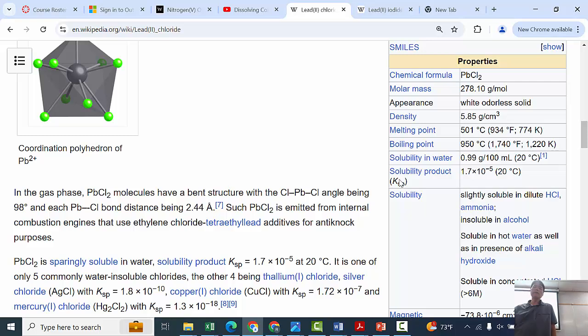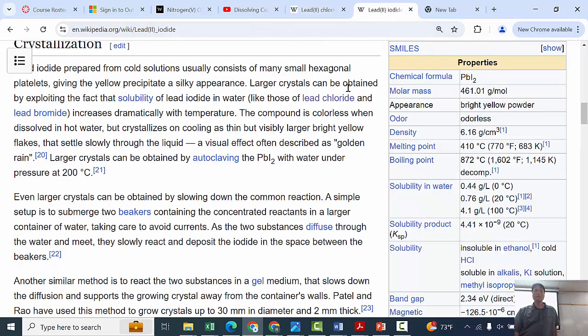But the criterion for solubility is 0.1 molar, and so that's less than 0.1 molar. Lead's really heavy. The molar mass of this salt is 278. It's pretty heavy. So about a gram per 100 milliliters at 20 degrees C. Okay, let's compare that to lead-2 iodide here.